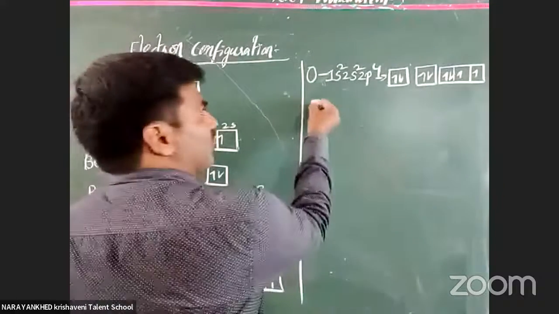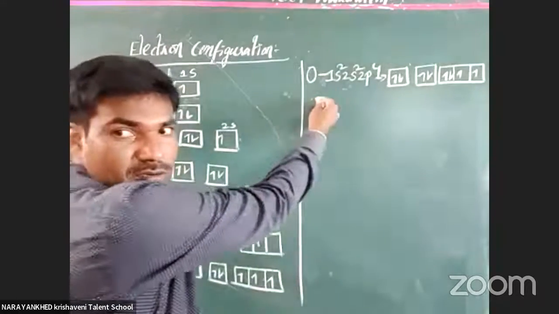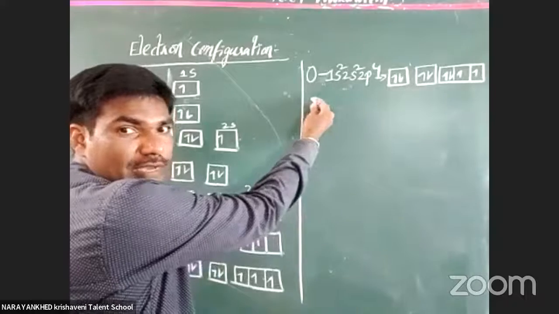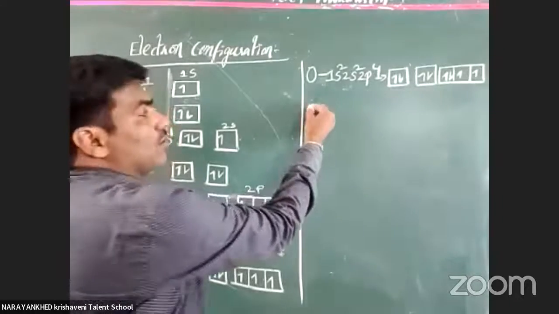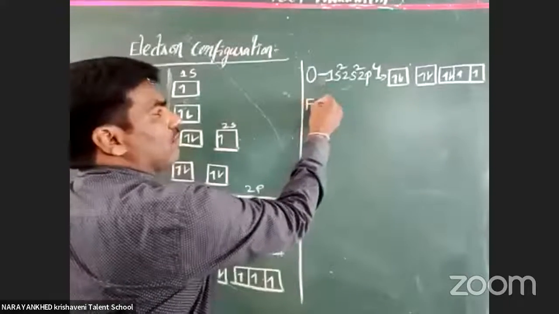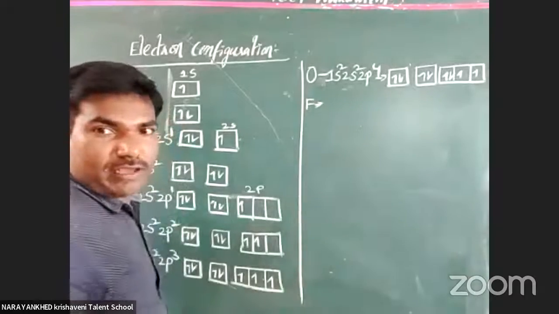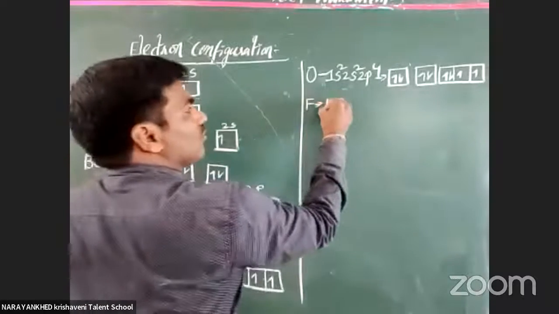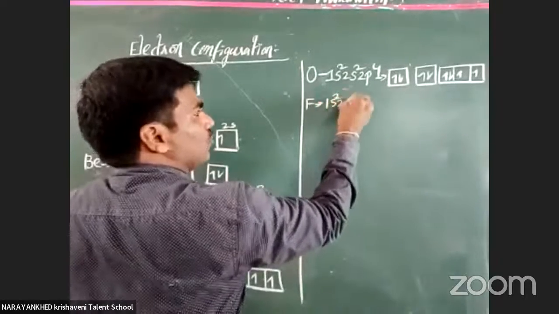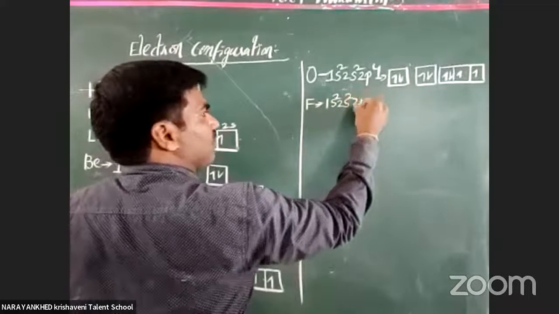Next, after oxygen we have fluorine. 9 electrons are there. It is written as 1s2, 2s2, 2p5.